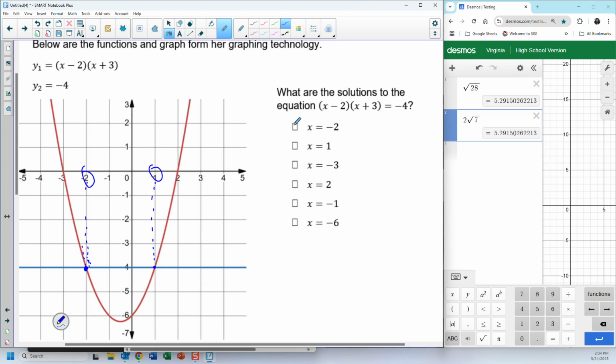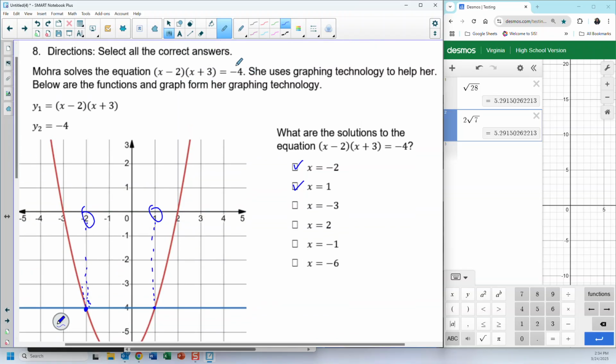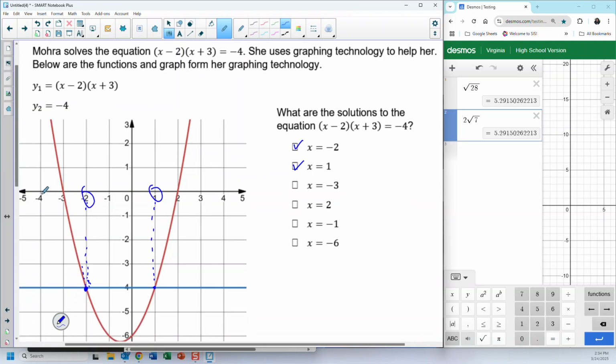So negative 2 and positive 1. Okay? In this case, it does not mean negative 3 and 2 because I have the graph. It's just that because we added the negative 4 over here, that's what makes it look at different things for the solution. Okay?